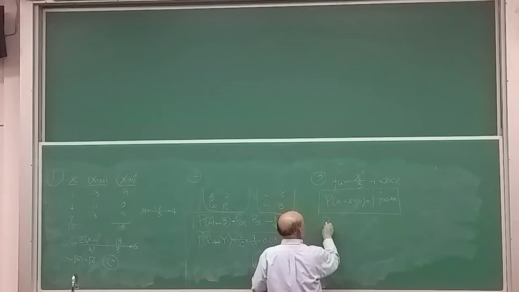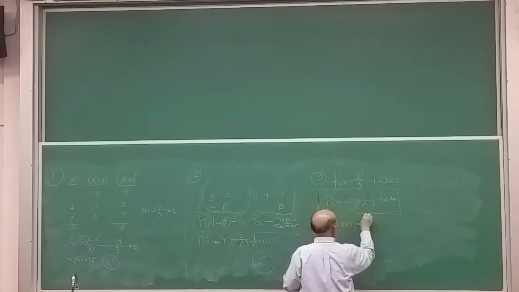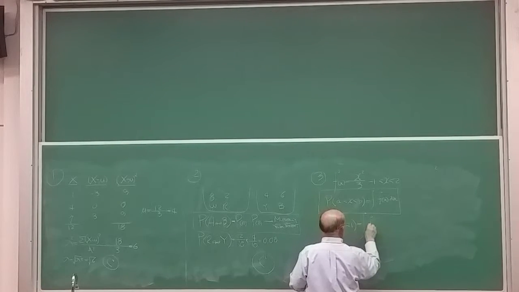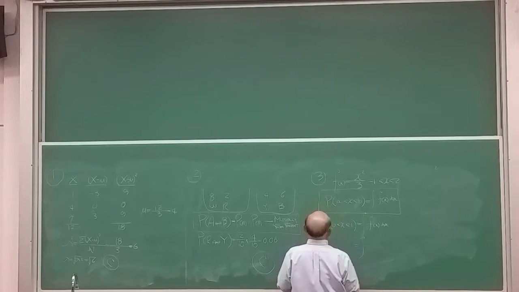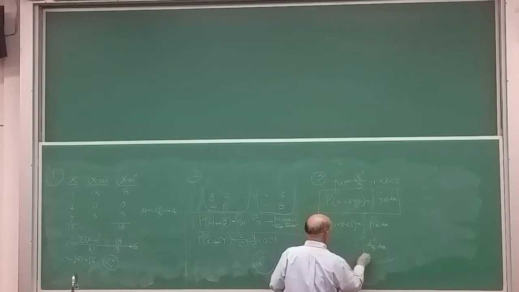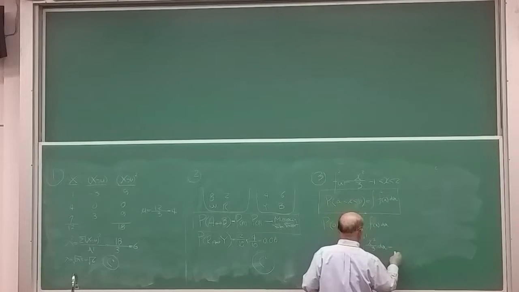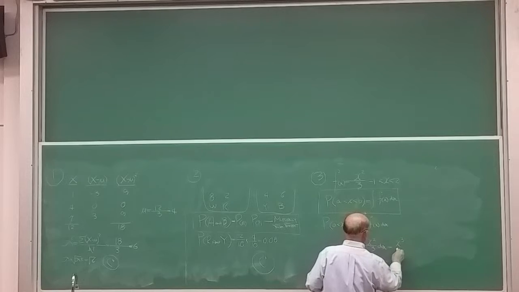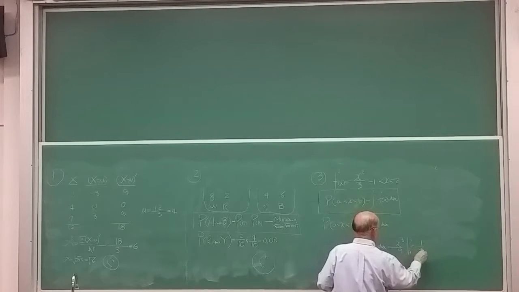So the question was, what is the probability that x is less than 1 and greater than 0? It will be the integration of f of x dx, where the integrand is x squared over 3 dx from 0 to 1. The integration of that is x cubed over 9 from 0 to 1, so it'll be 1 over 9.